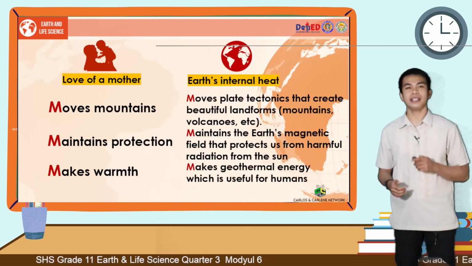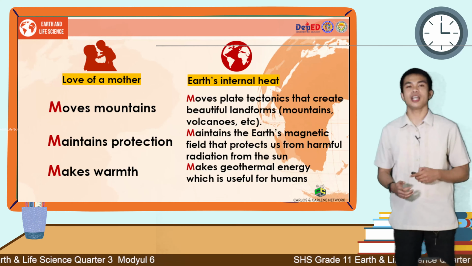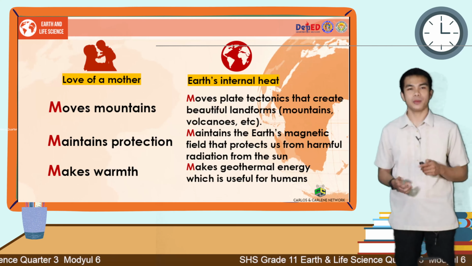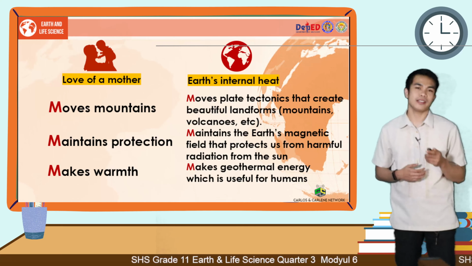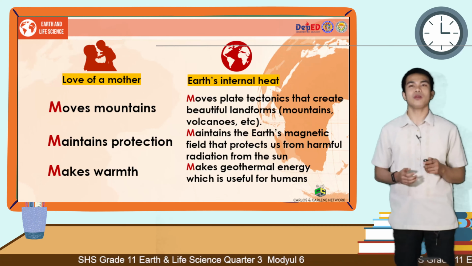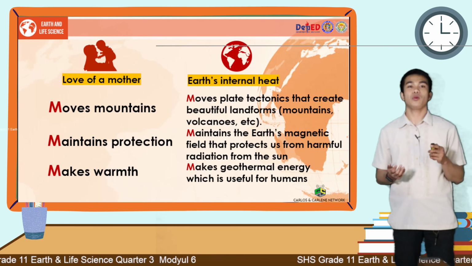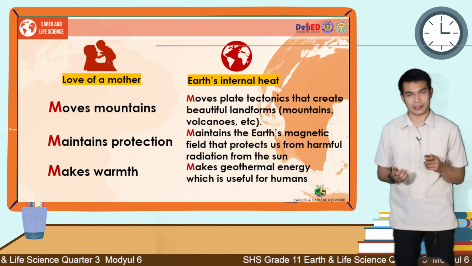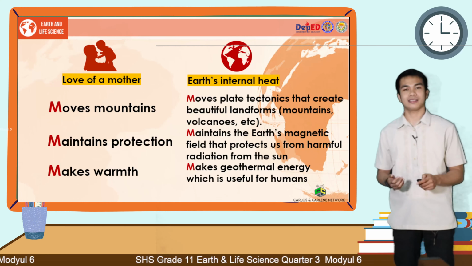The Earth's internal heat makes what? Makes geothermal energy, which is useful for humans. Geothermal energy is used to generate electricity. We use it for bathing, we go to natural hot springs, we go swimming, and we use it to heat buildings. And it's a renewable resource of energy.